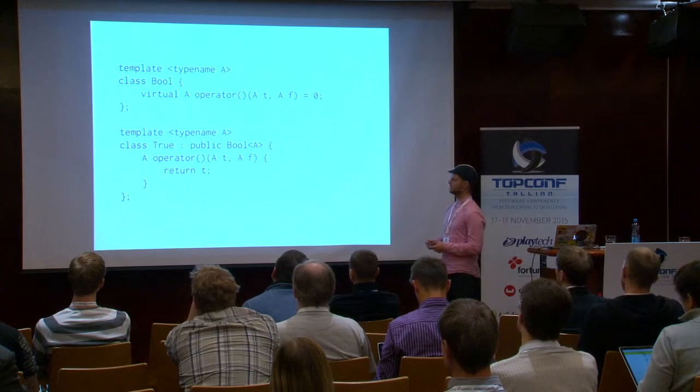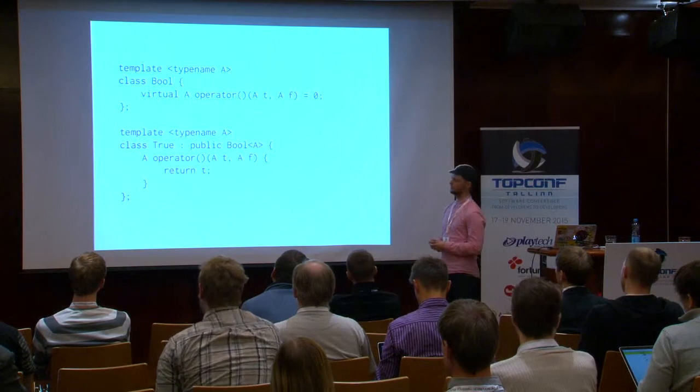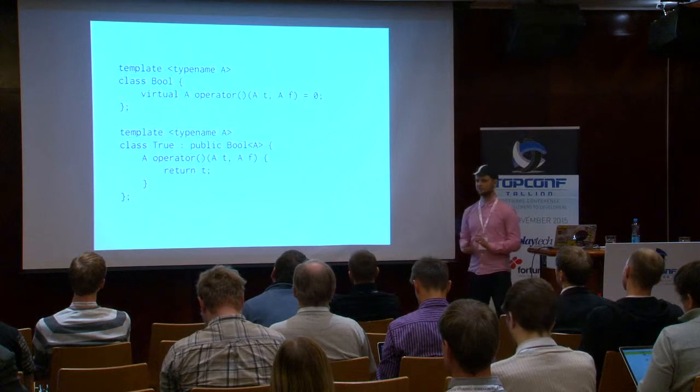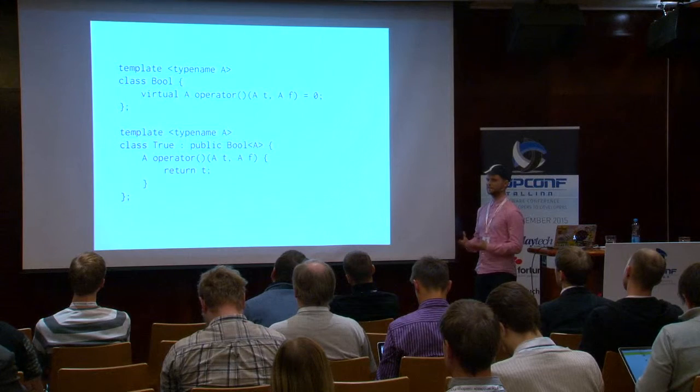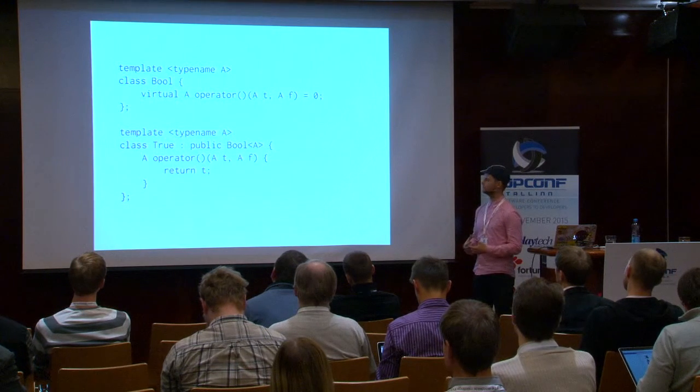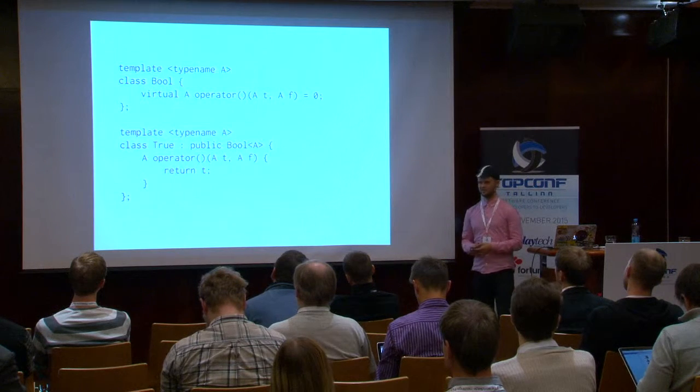And as you can see, there are no fields in this class. There's nothing except classes and methods. There is no data as such. And this is kind of cool.